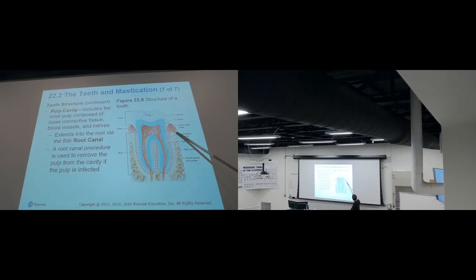And then in this tooth, the region between the crown and the root is actually the neck. Since this part of the crown is covered by the gingiva, it is the clinical crown, while this is the anatomical crown.